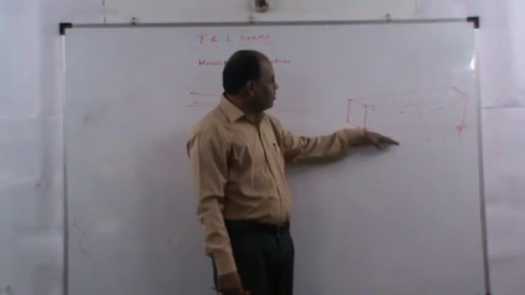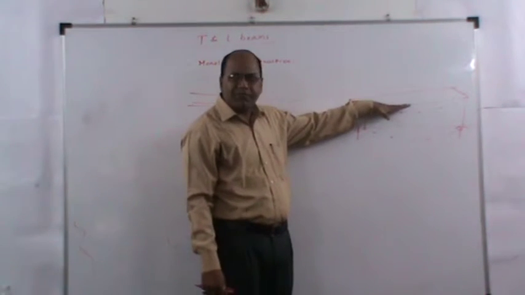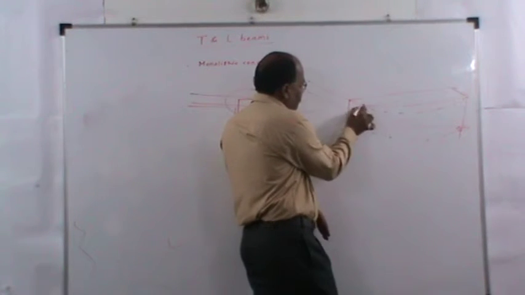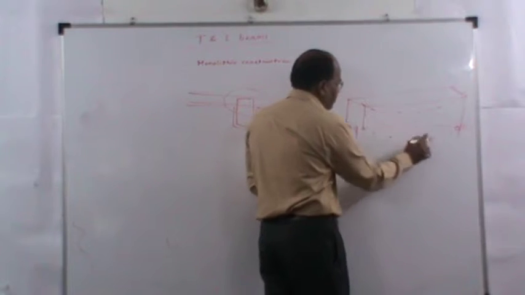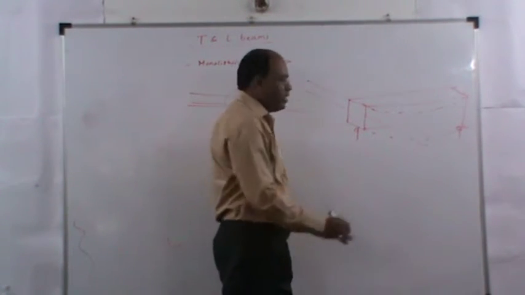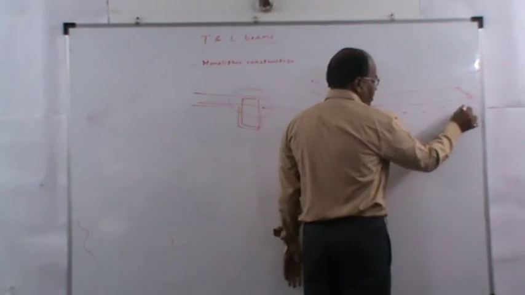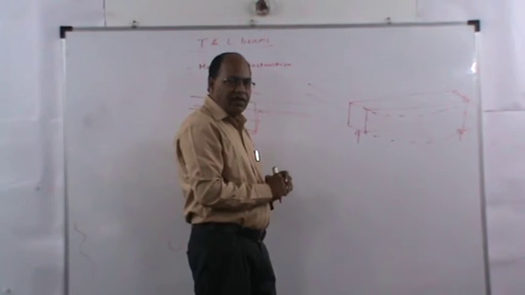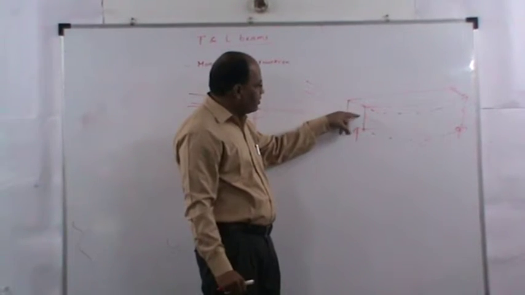Now slab is usually provided near the top of this beam, isn't it? Slab is on this side. Slab is on this side also. Isn't it? Slab is over here. So slab is on both sides. And there is a fixity between the beam and the slab.